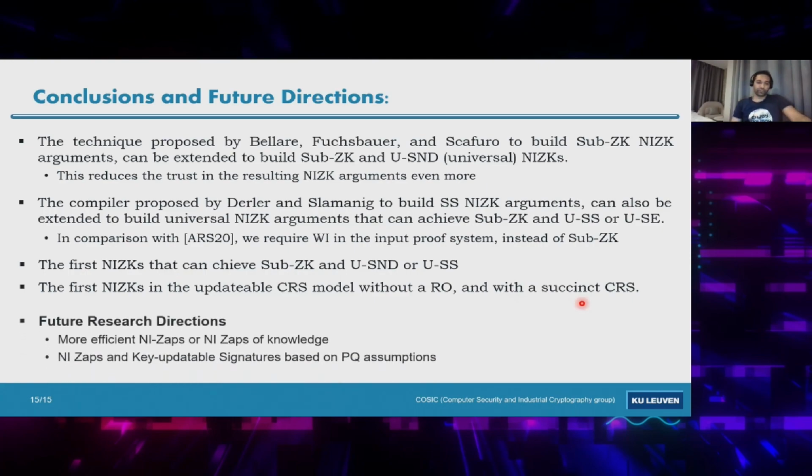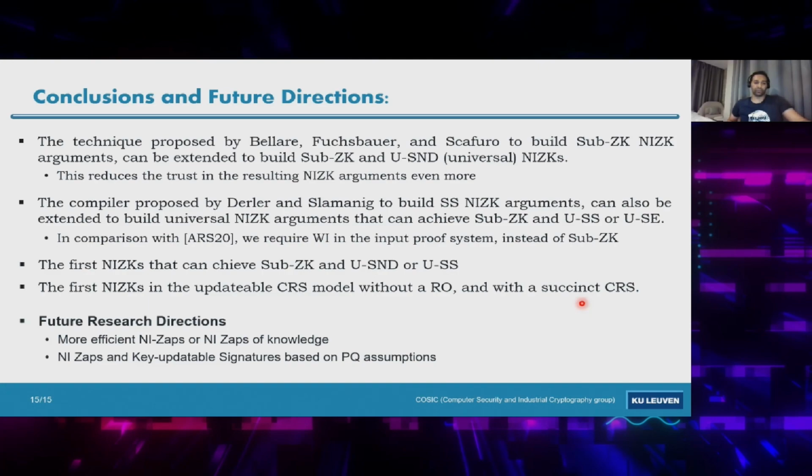And for future research directions, of course, one naive research question is, can we have more efficient non-interactive zaps or non-interactive zap of knowledge, because that would allow us to have more efficient instantiations and more efficient universal NISCs with succinct CRS. And the other research question, which I think is more interesting, is can we build non-interactive zaps and key updatable signatures based on post-quantum assumptions? I mean, we had some zaps based on lattices, but not non-interactive zaps.